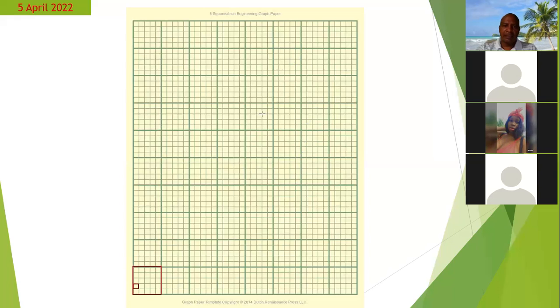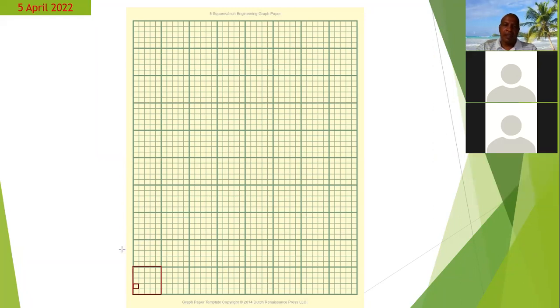I'm hoping that everybody brought their graph paper with them, because what you should be doing now is looking at your graph paper and identifying these actual measurement techniques. So please, if you have your graph papers with you, just take out a sheet of the graph paper and try to identify all that I'm illustrating here on the screen, right?